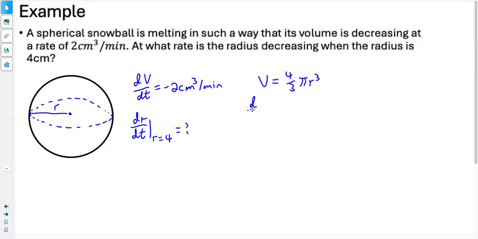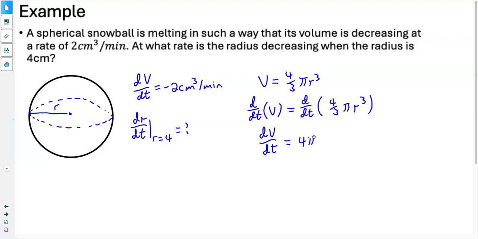So d/dt of V equals d/dt of 4/3 pi r cubed. That gives us our derivative of volume with respect to time is equal to 4 pi r squared times our derivative of r with respect to time.